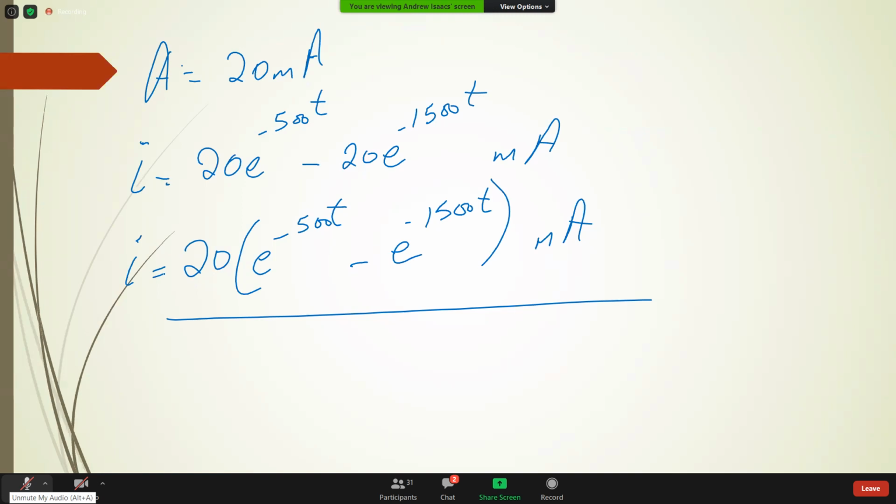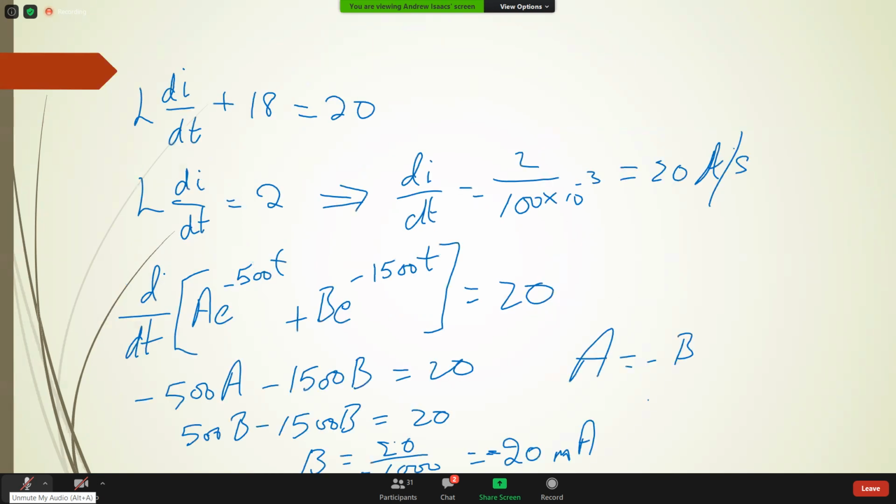Yes, sir. Go ahead. On the previous slide, we differentiated the e to the minus 500t. Where did the e go? This is all occurring at t equals 0, no?